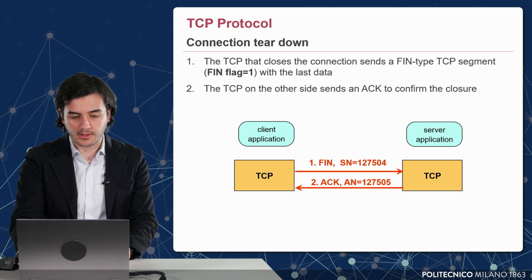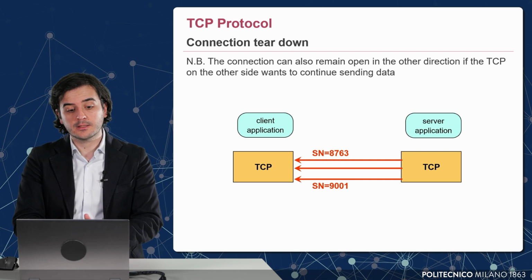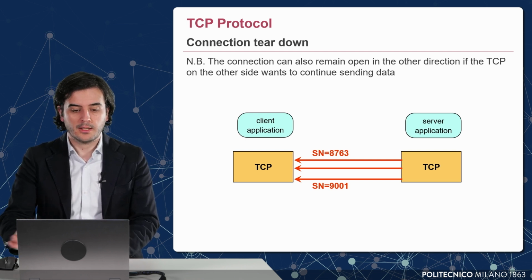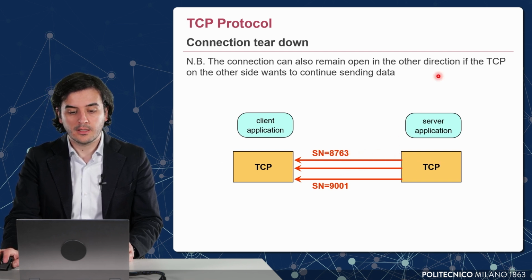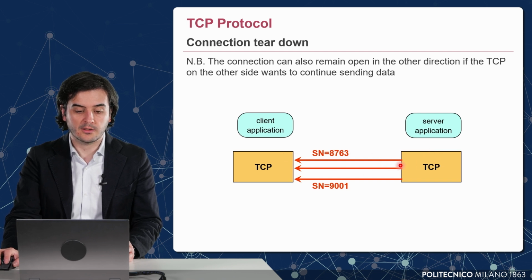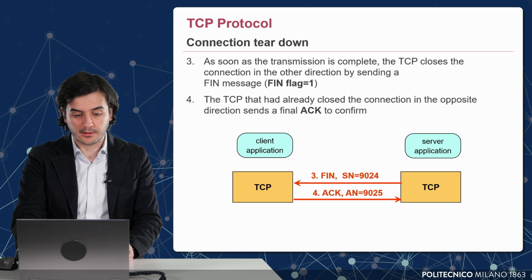However, in certain cases it might be possible that the server still has remaining data to send. In this case, we see segments being transmitted from the server side towards the client.